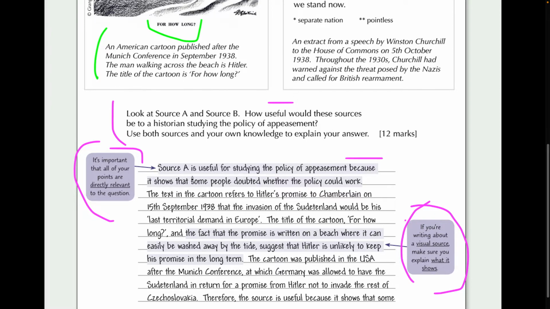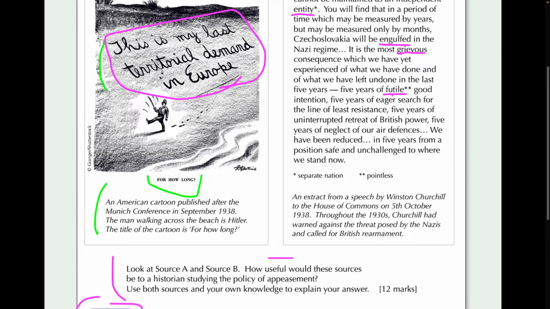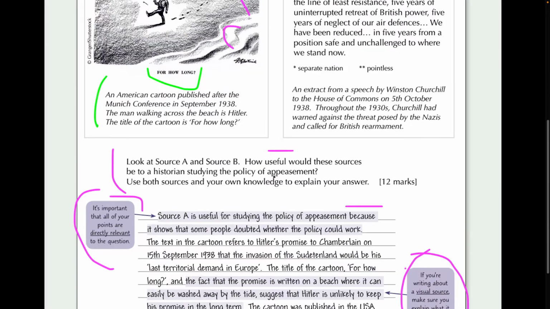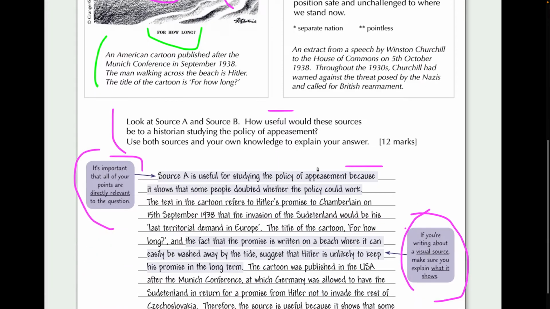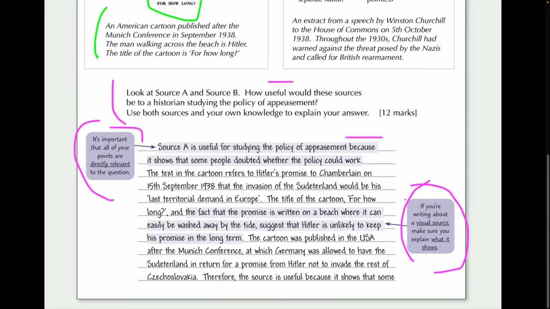It is on the sand, so if the tide goes over, it's going to disappear. So it shows that Hitler doesn't want to keep it. That's very, very interesting. I don't know about you, but I found it very interesting. Very nice.